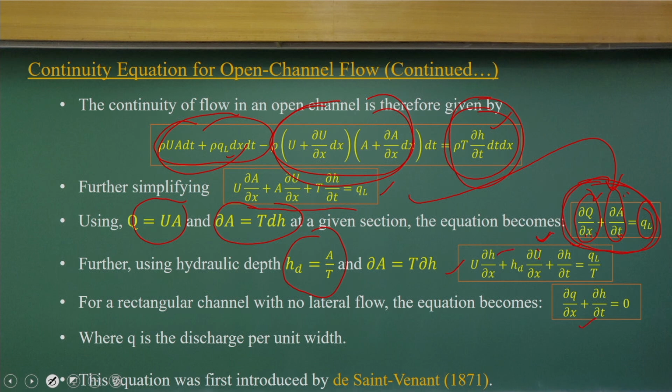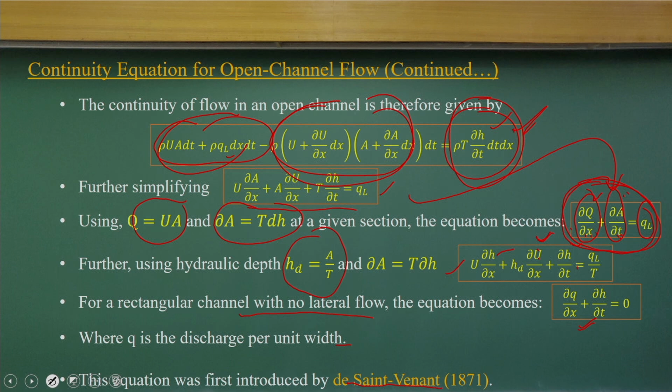This equation was given long back by De Saint Venant in 1871. If you can remember this, you can simplify it. With certain assumptions, for example no lateral flow, the equations become very simple, per unit width.